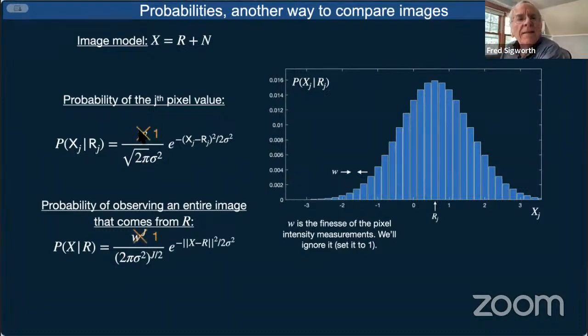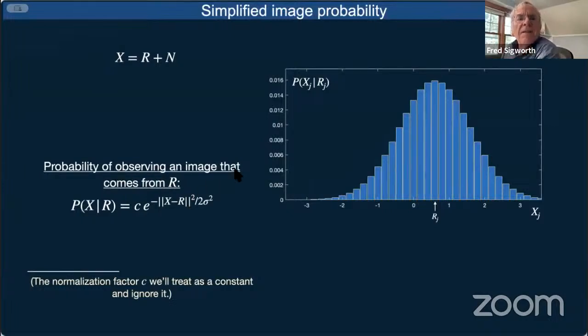This term turns out doesn't matter because we're trying to find the maxima, and we don't care about constants. The probability of observing an entire image is then pixel by pixel. We subtract the two images, square them, sum them up, and make this Gaussian function out of it. And this is the probability of seeing our image given the reference.